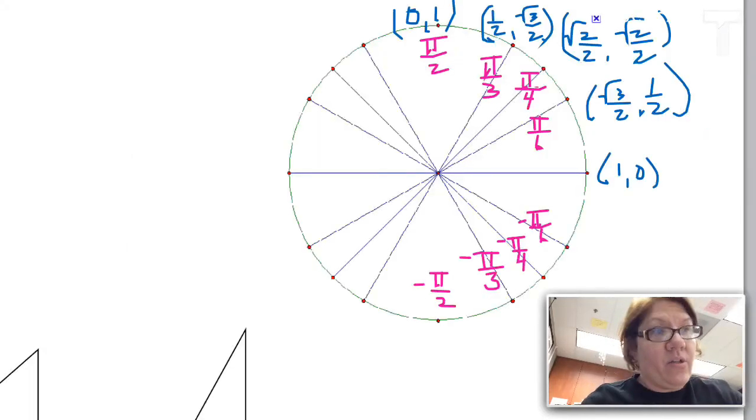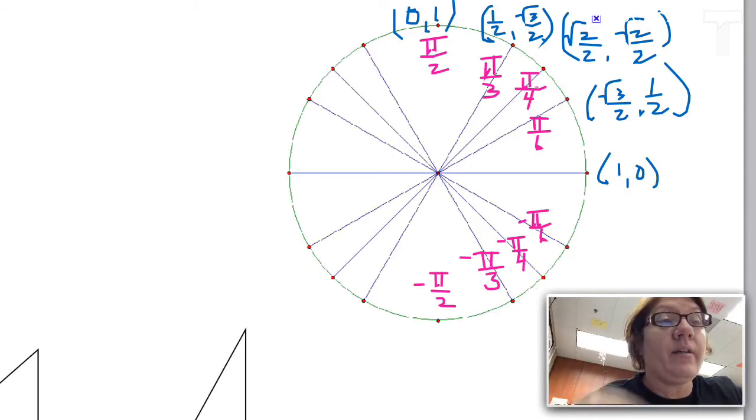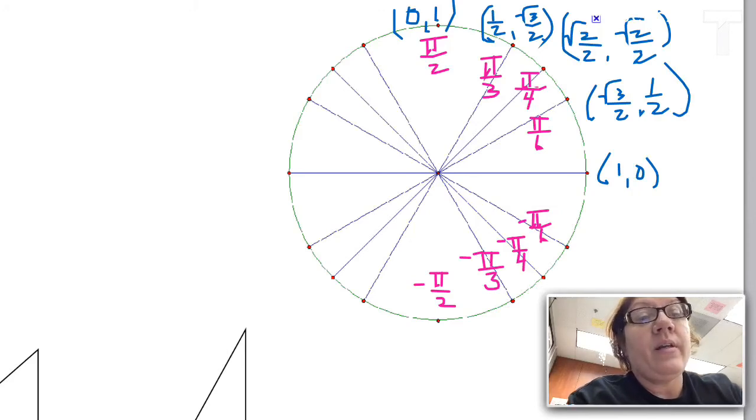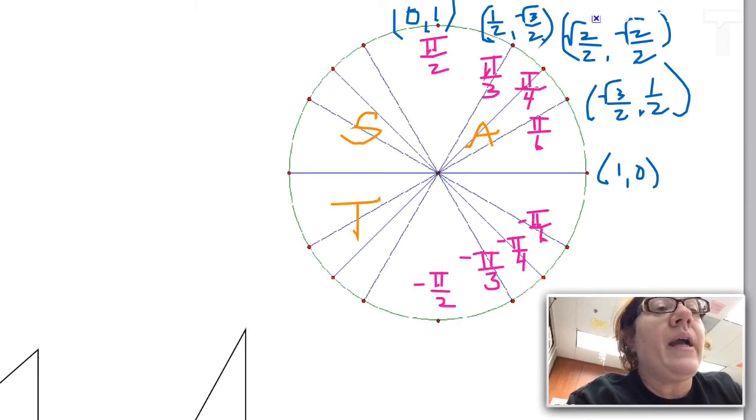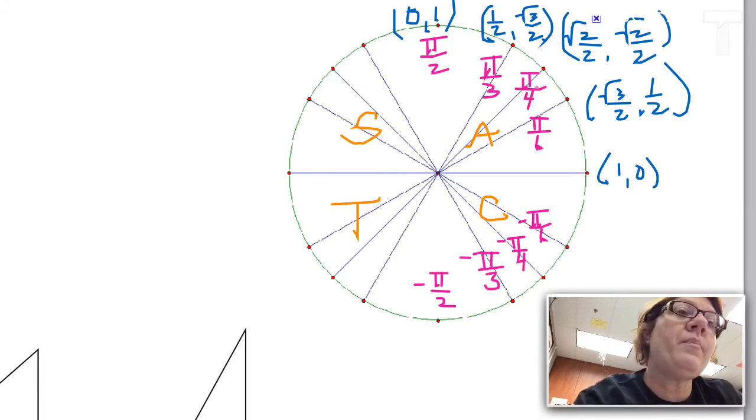And here are some notations on the unit circle just to kind of remind you. I would encourage you to practice on the unit circle and get everything labeled. Remembering what I always teach students: all students take calculus, or algebra students take crack. It's to remind me of the signs and which ones are positive in each quadrant.